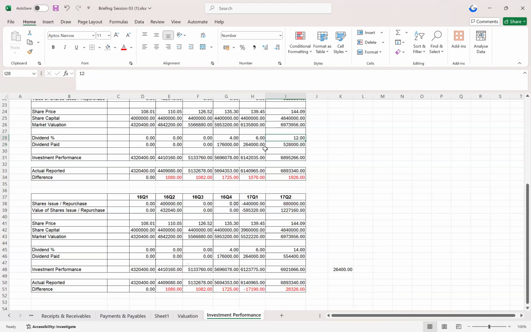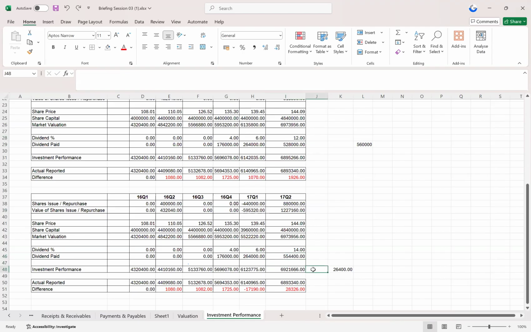That's why I was able to pay 12%. Let's say my retained earnings were 560,000. If I go to 13%, it is not possible. Now, if this is my retained earnings, in this scenario I can go to 14%.